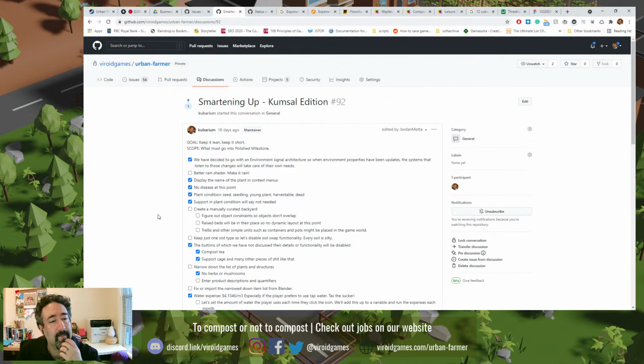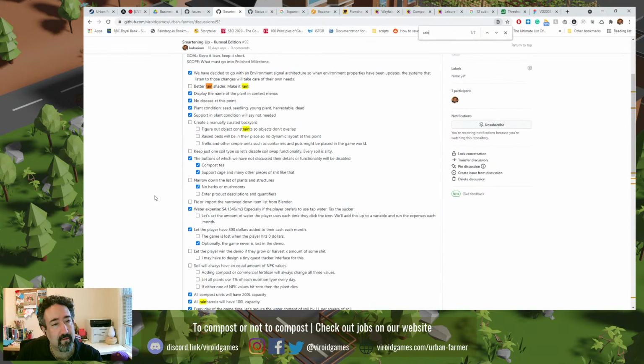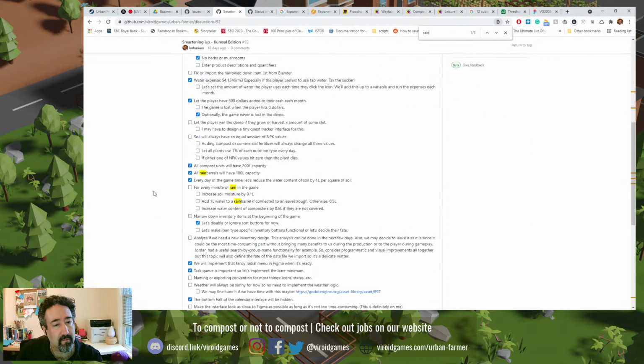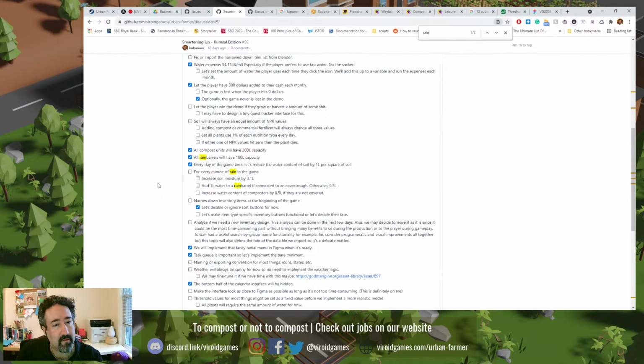Smartening up. Rain. For every minute of rain in the game, add 1 liter of water, okay, increase water content of compost. So half a liter every minute. For now.